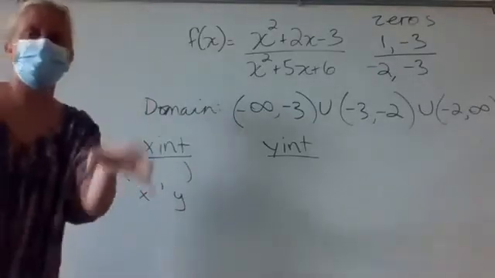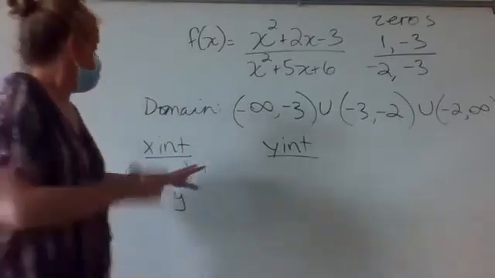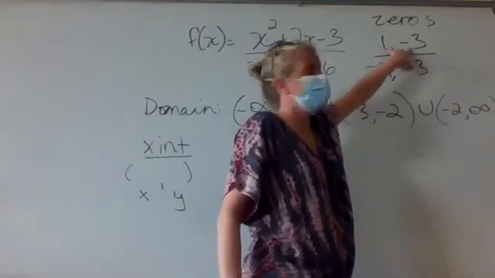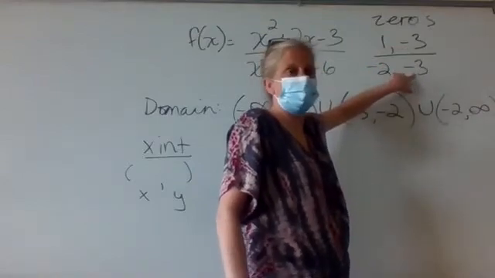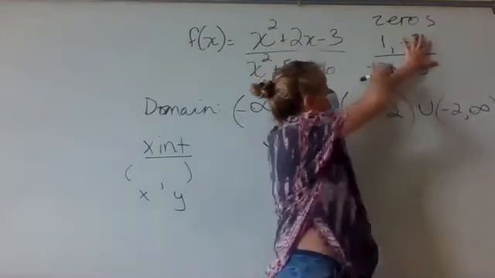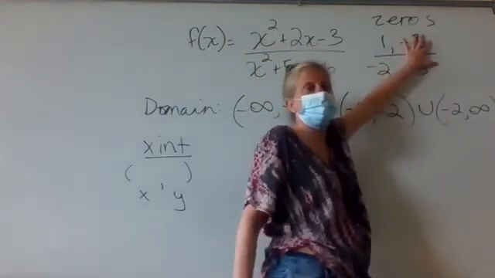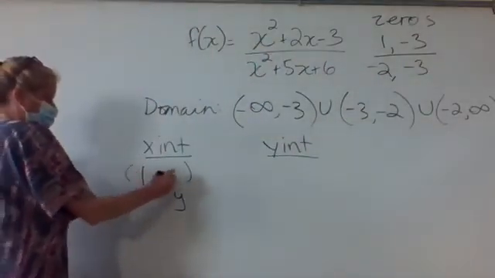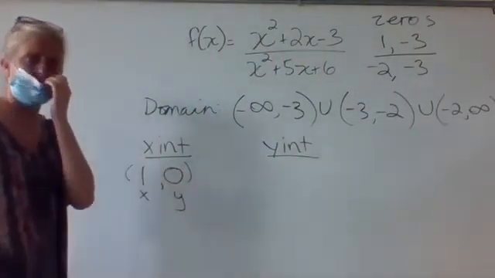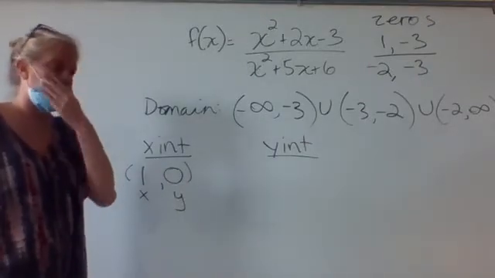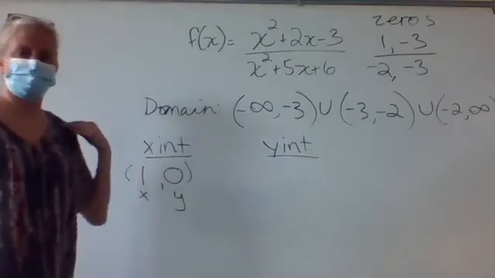Again, this is in those 8.5 notes. X-intercepts come from zeros of the numerator that are not also zeros of the denominator. So that's why this -3 cancels. So the only x-intercept is at 1. When you're writing the ordered pair, the 1 goes in the x spot. The y is always 0 at your x-intercept. So there's the x-intercept.